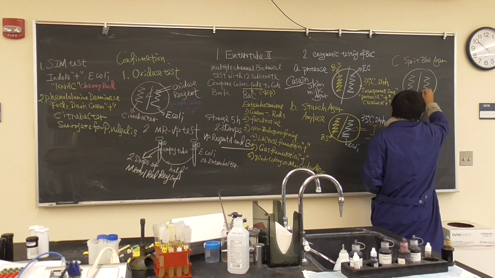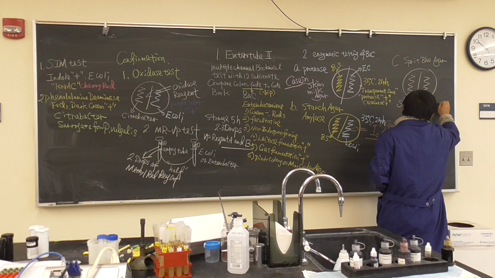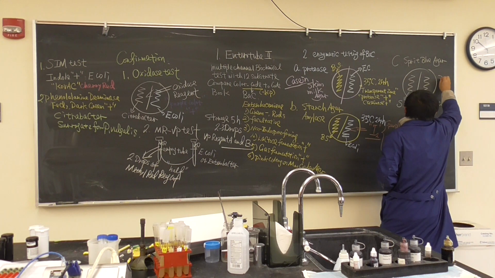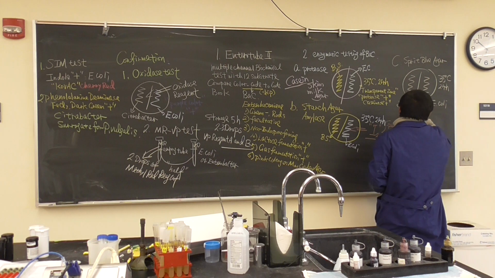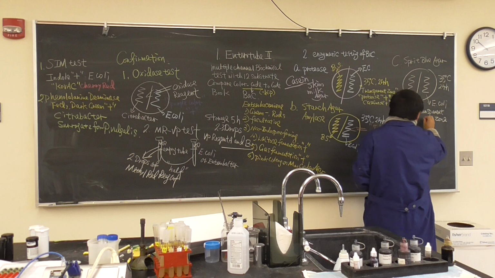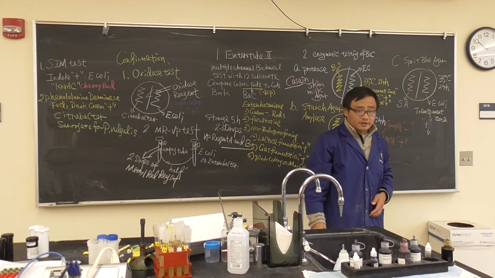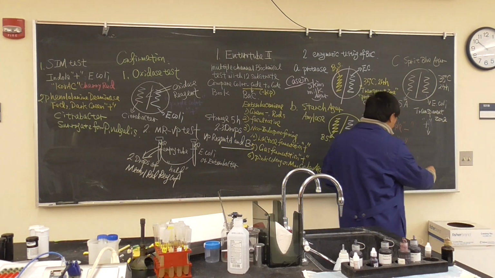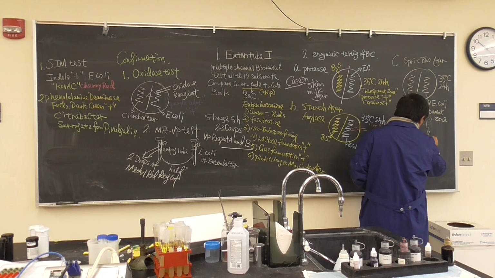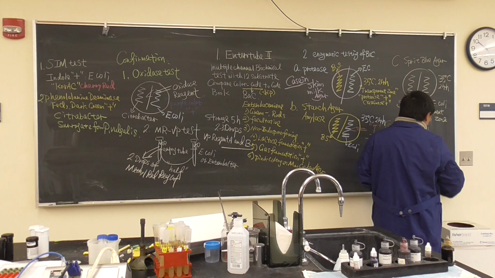On the right side, you streak with E. coli. We incubate at 35 degrees Celsius for 24 hours, and we're going to look for the transparent zone. If you see the transparent zone, it's positive. What does this mean? It means bacteria use lipids, which means the bacteria has an enzyme called lipase, because they could hydrolyze lipids.